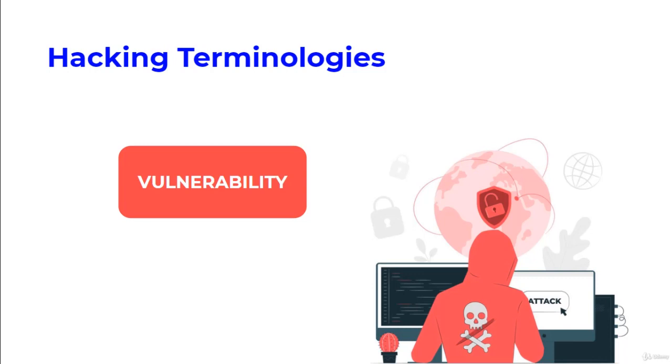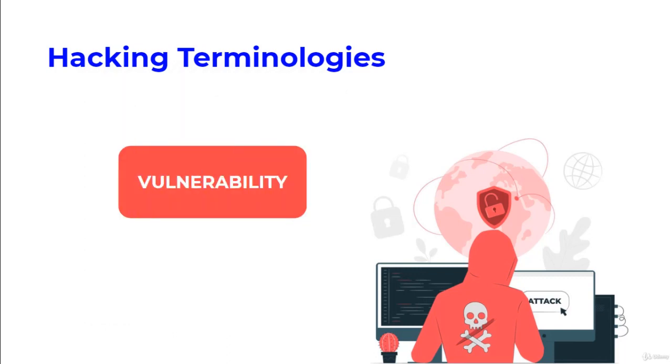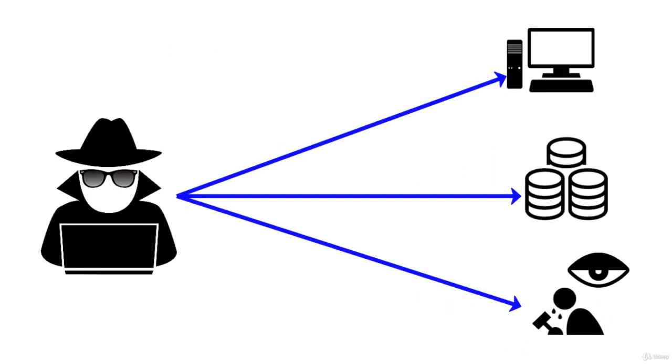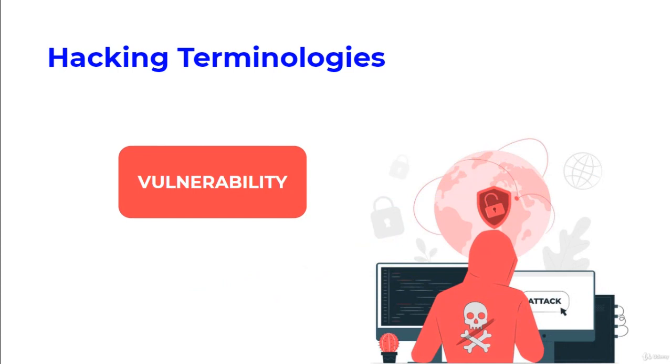The next is vulnerability. Vulnerability is defined as a flaw or weakness inside the asset that could be used to gain unauthorized access to it. The successful compromise of a vulnerability may result in data manipulation, privilege elevation, exploitation, etc. In cybersecurity, a vulnerability is a weakness which can be exploited by a cyber attack to gain unauthorized access.